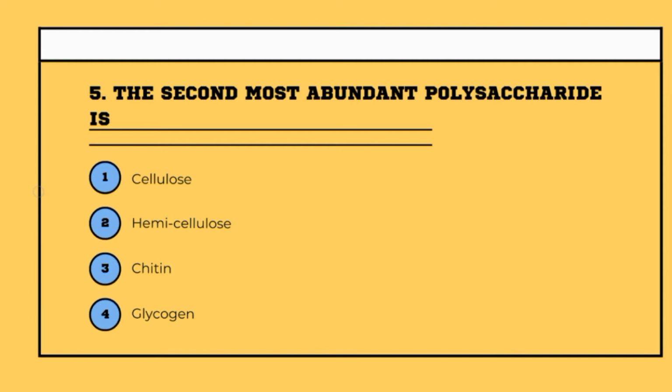So, what is the second most? Well, the answer is chitin, number 3. Chitin, or beta-1,4-poly-N-acetyl D-glucosamine, is the second most abundant polysaccharide after cellulose. So the answer here is number 3, chitin.